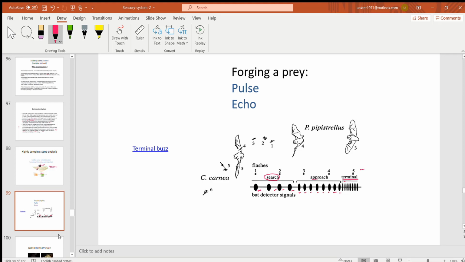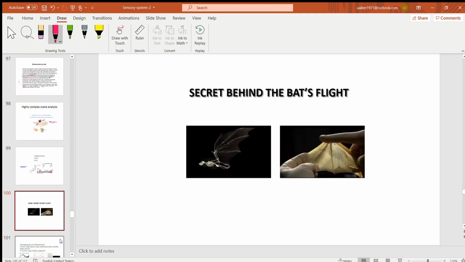So it increases the number of pulses a lot, and updates the information at a very high frequency, which is very important to precisely catch the prey, and that is the terminal buzz. It is the last step when the frequency is very high, just before the bat catches the prey.